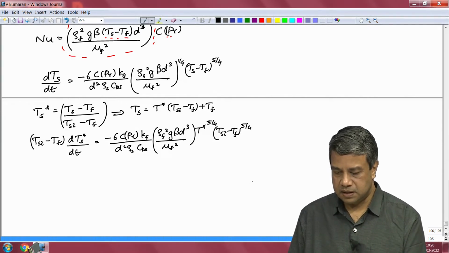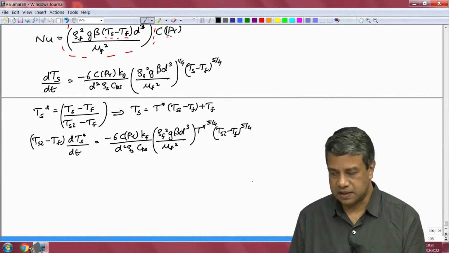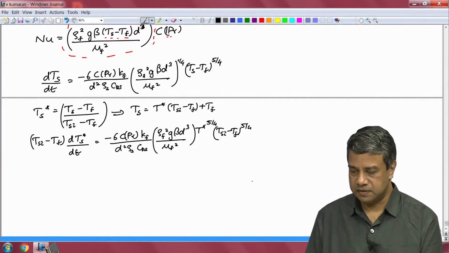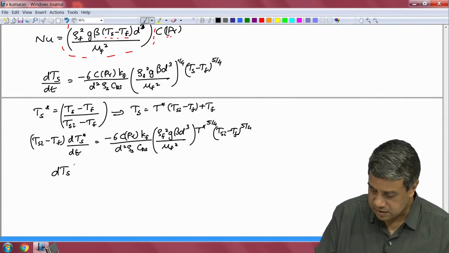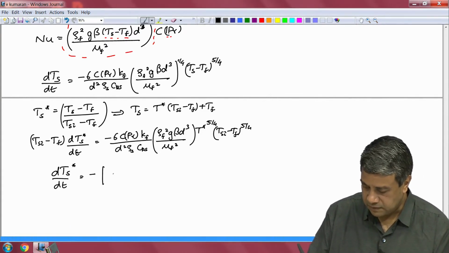And you can see that this Tsi minus Tf will cancel and you will just get (Tsi minus Tf) power 1/4 on the right side.